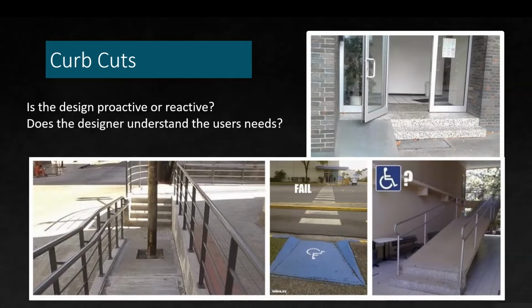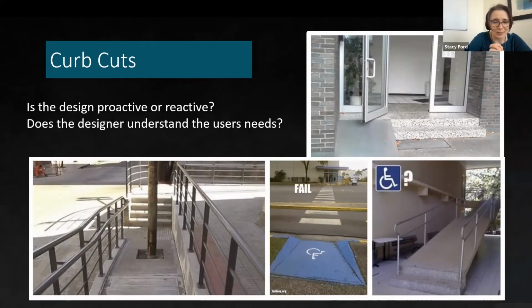So when we design something, we could either design it reactively or we could design it proactively. There are pros and cons to each. First, I have 4 pictures on the screen right now. The first picture in the top right corner has a ramp with a door, and the ramp is on the right side behind the door. The second one, there's a pole in the middle of the ramp.